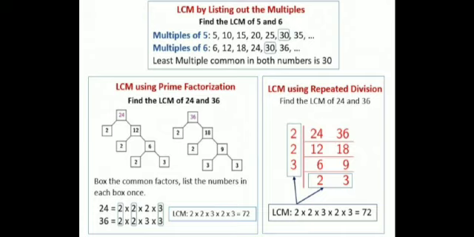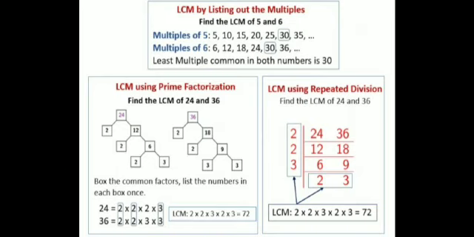So LCM will be equal to 2 multiplied by 2 multiplied by 3. Now we are left with two non-common factors and they are 2 and 3. So LCM will be equal to 2 into 2 into 3 into 2 into 3, which is equal to 72. So LCM of 24 and 36 is 72.